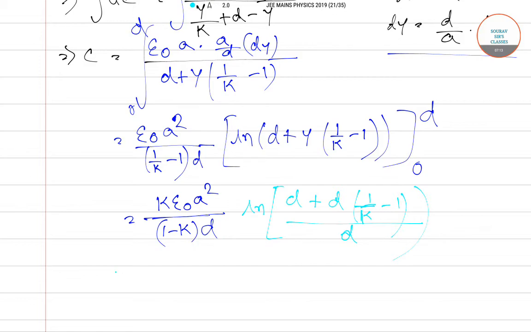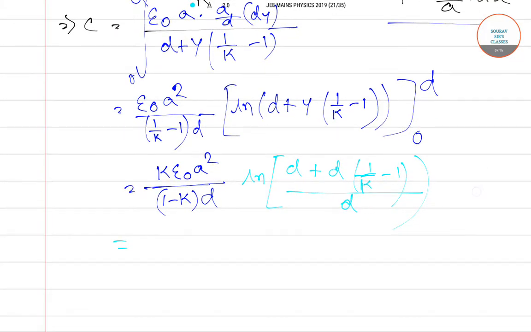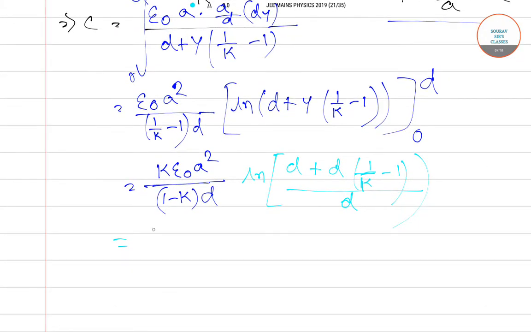This equals k epsilon 0 a square divided by 1 minus k into d, into ln of, if we simplify this term, ln of 1 by k.